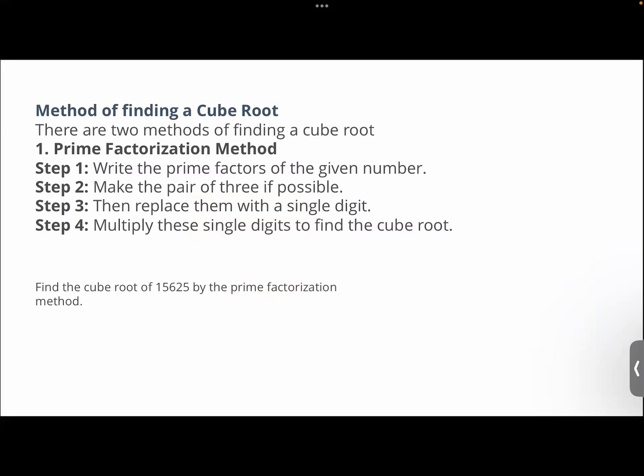So the first method is very simple, that is the method of prime factorization. Suppose you are provided with the number 512. You will find its prime factors first, then you will make triplets of 3. So its prime factorization is going to be like this.